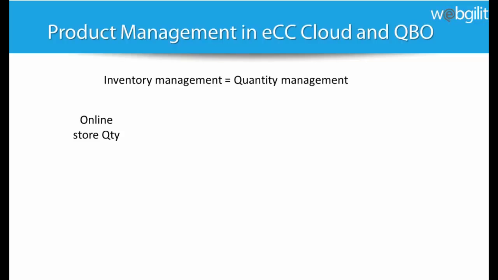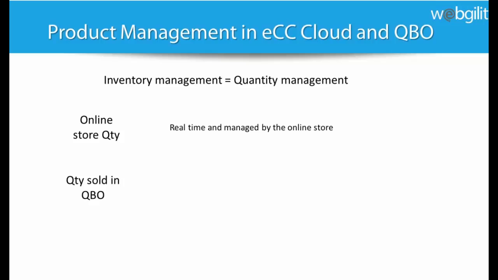For example, the online store or marketplace's only job is to count how many are gone. So you put 10 in Amazon or eBay and you sell 3, and Amazon or eBay will give you the number 7. That's what they're designed to do. It's real time and it's managed by the marketplace directly.